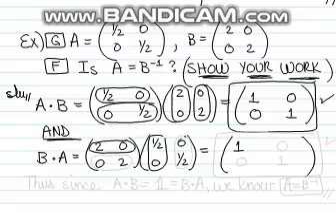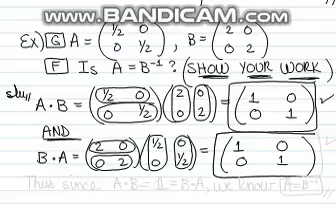Second column, 2 times 0 is 0, plus 0 times 1/2 is 0. Looking good. Second row, first column: 0 times 1/2 is 0, plus 2 times 0 is 0. And then the second column, 0 times 0 is 0, plus 2 times 1/2 is 1. And there it is. It's the identity.